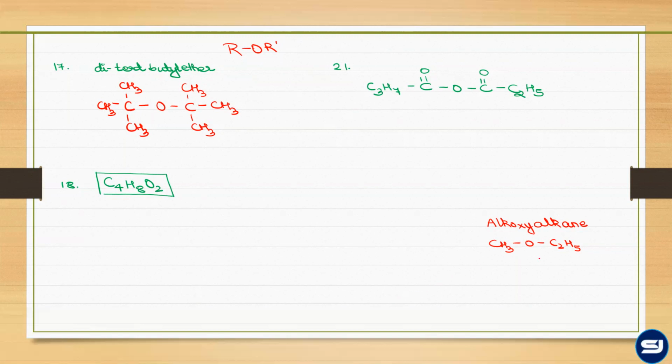Alkoxy-alkane. अब alkoxy-alkane में if the two alkyl groups are different, then obviously the smaller one will be alkoxy and the bigger carbon chain will be considered as a parent. So now, based on the general nomenclature, what is the correct name? Methoxyethane. Yes.